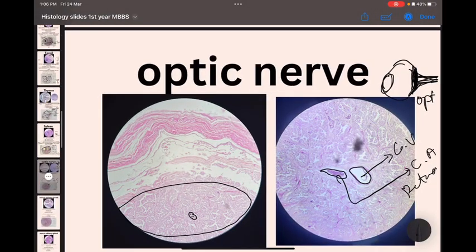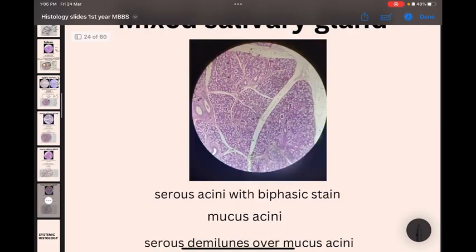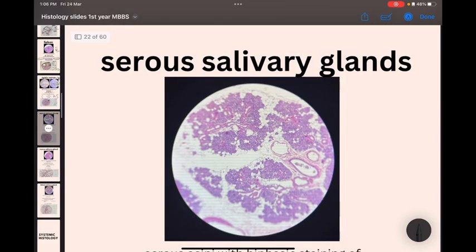The next slide is about salivary glands. There are three slides of salivary glands. Coming to salivary glands, we have three: serous, mucus, and then mixed. The first one is serous. It contains watery secretion. Mucus is mucus secretion, and then mixed is intermediate.